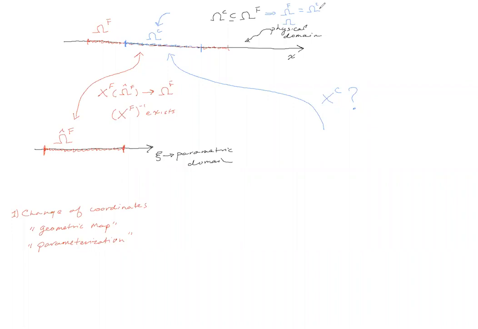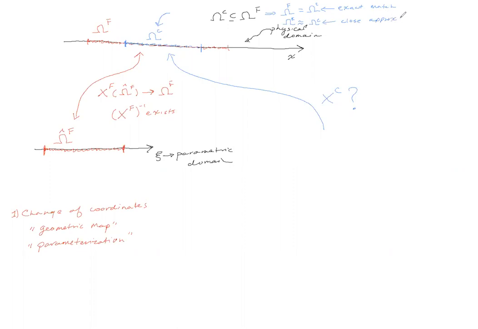So let's look at two cases. There's several cases, but let's look at these two. So this is like an exact match. And then let's say this is a close approximation.